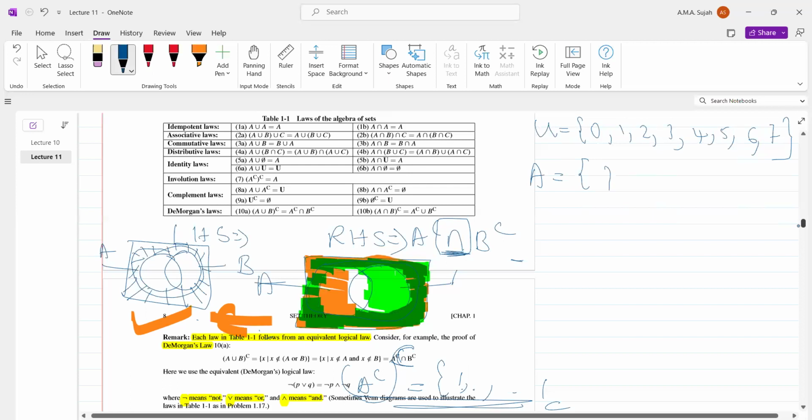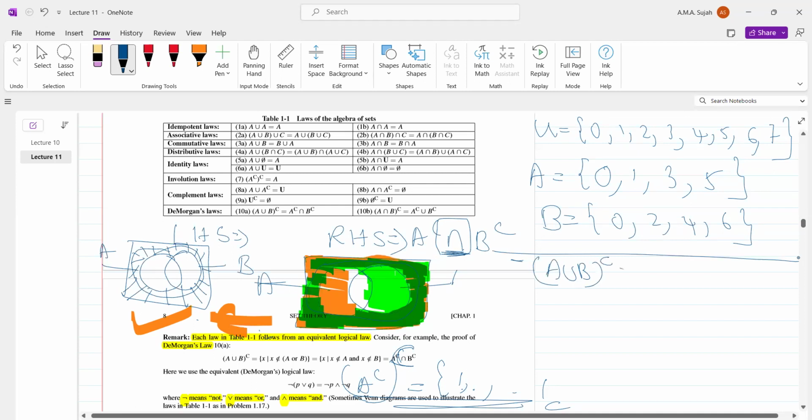You have set A: 0, 1, 3, 5, right? You have a set B: 0, 2, 4, 6, right? Now I'm planning to prove De Morgan's law: the complement of A union B, the whole thing, is equal to A complement intersection B complement, right? This is what I need to prove.